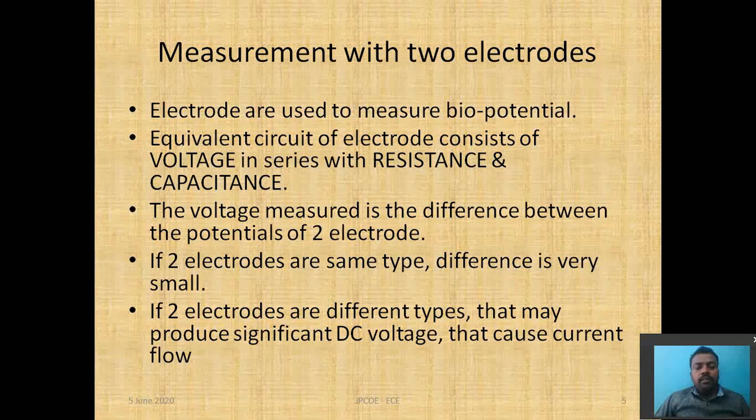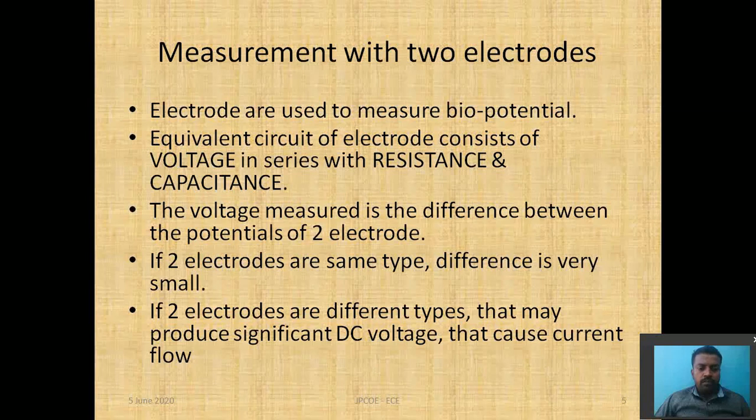The voltage is measured with respect to some reference. Consider our active electrode potential is measured with respect to a reference electrode, so we use two electrodes: one is the active electrode, another one is the reference electrode.